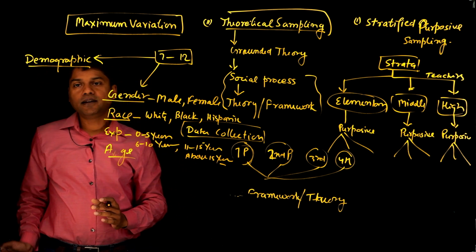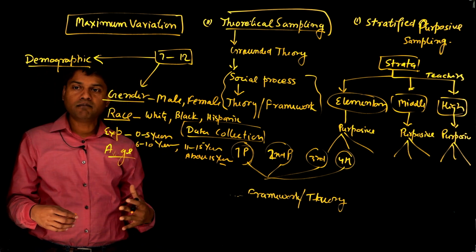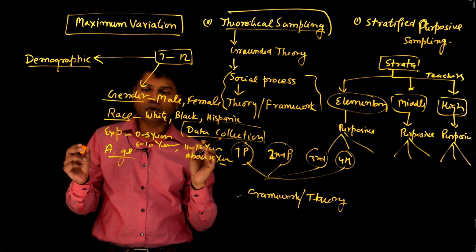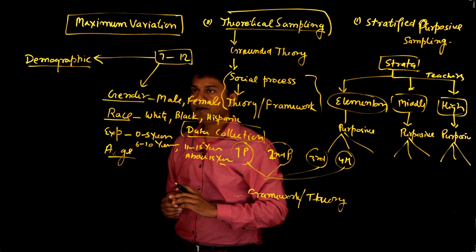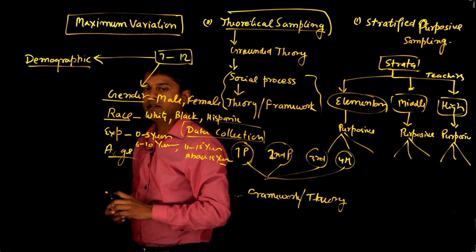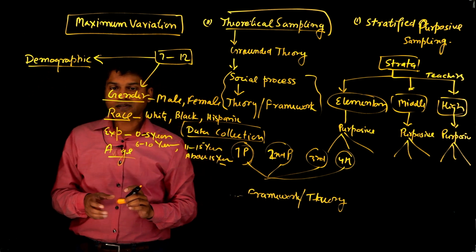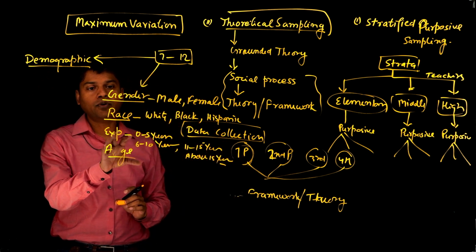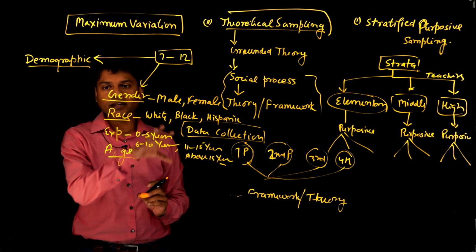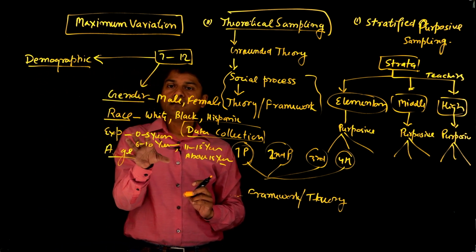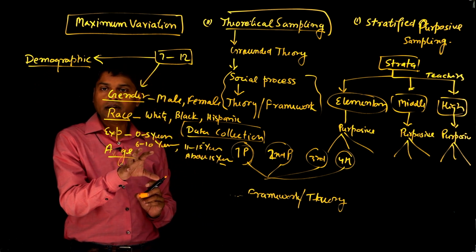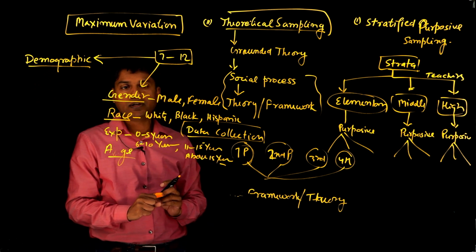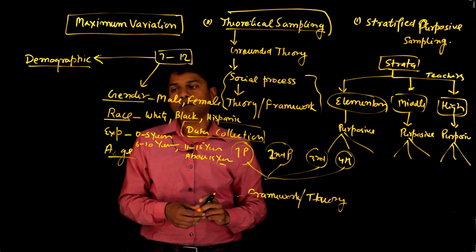So I tried to achieve maximum variation within the pool of participants that I recruited for my study based on gender, race, and experience. So these are some ideas of how a researcher can achieve variation within the participants that they are planning to recruit, interview, and collect data from.